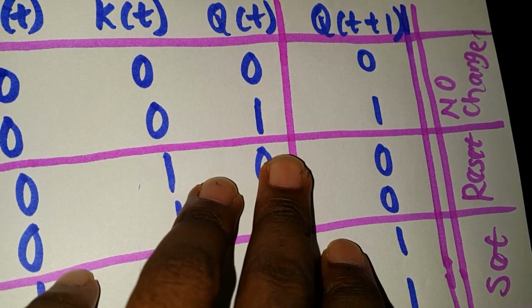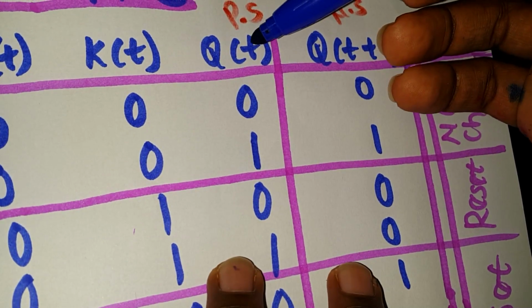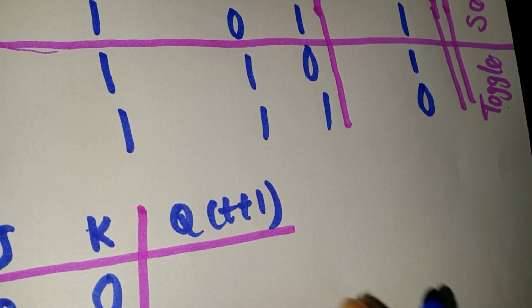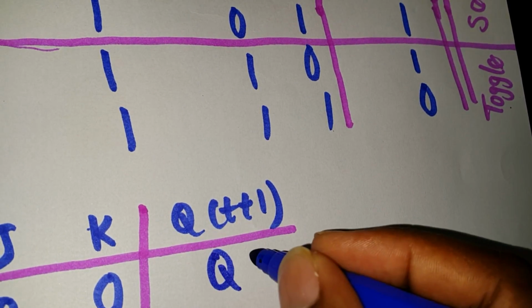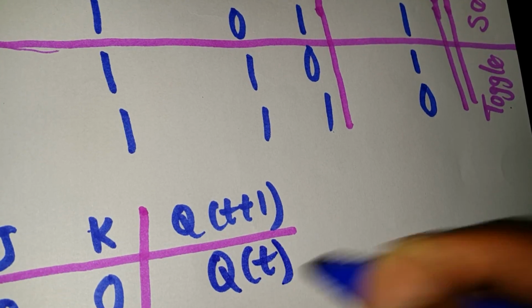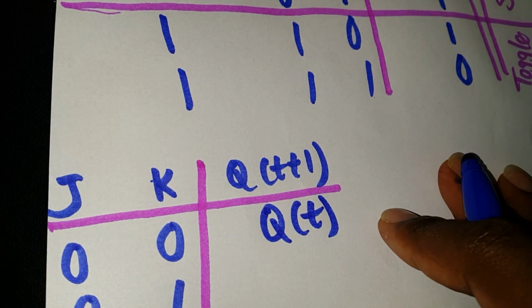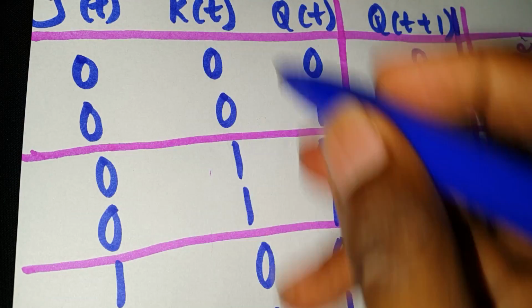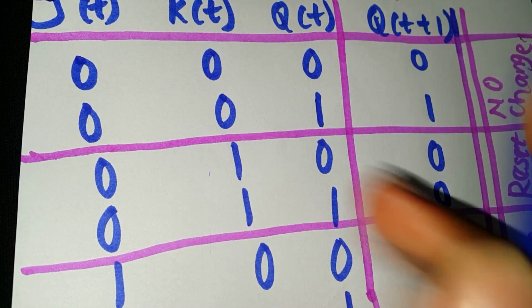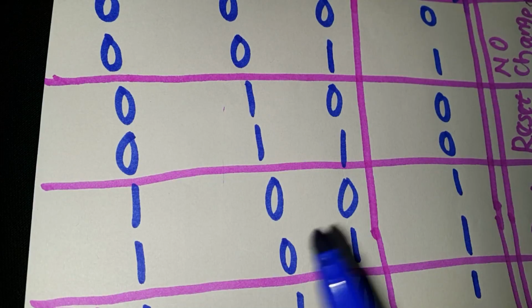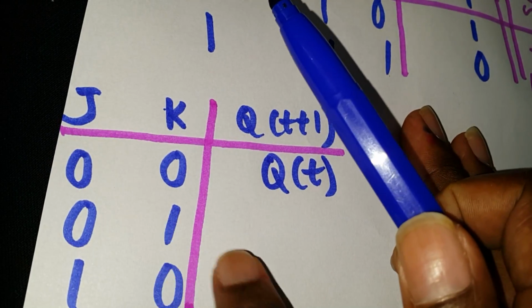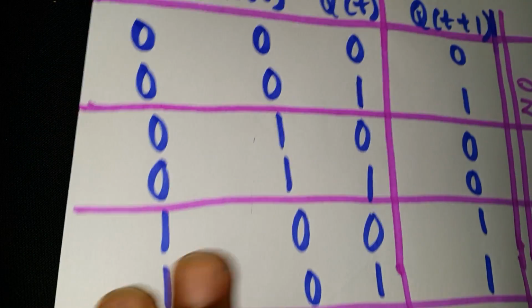This place there's no change, so Q of T will be equal to Q of T plus 1. Then 0, 1. As you can see, in this block we have 0, 0, we have 0, 1, we have 1, 0, we have 1, 1. That's why I am writing 0, 0, 0, 1, 1, 0, 1, 1 here.